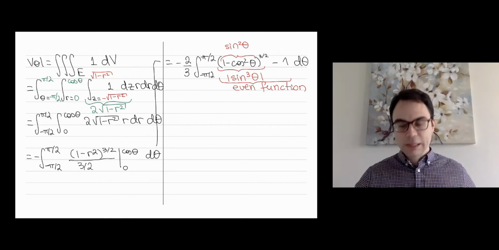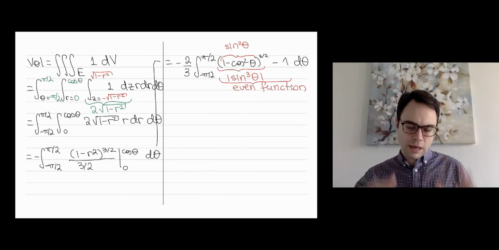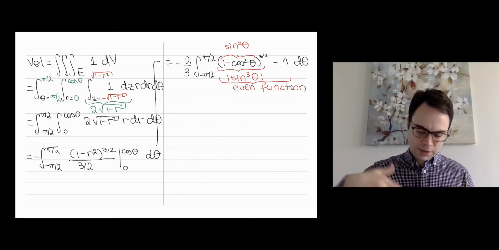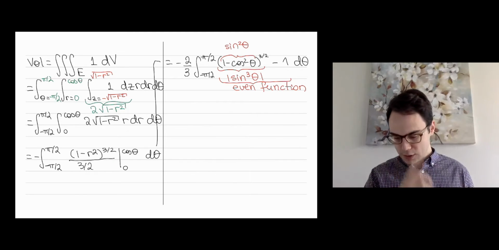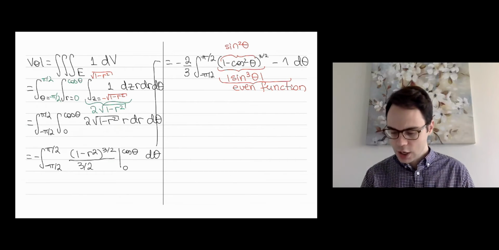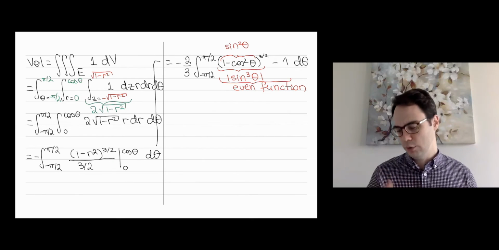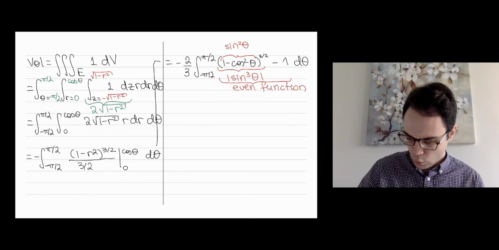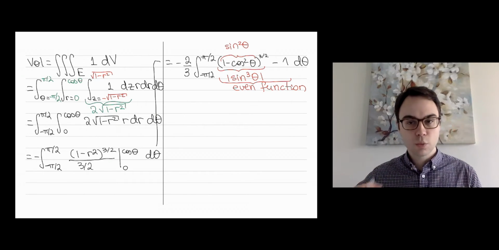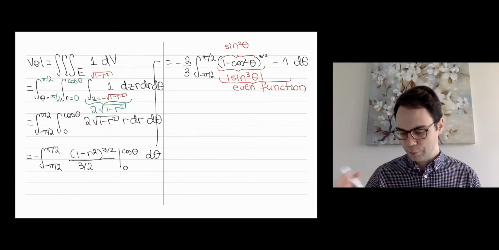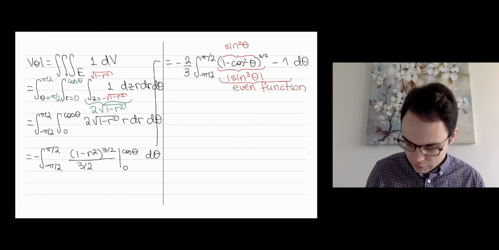If I replace theta by minus theta, sine becomes minus sine, but the absolute value cancels this change, and the 1 does not depend on theta. So this function is symmetric under replacing theta by minus theta. So this is an even function.